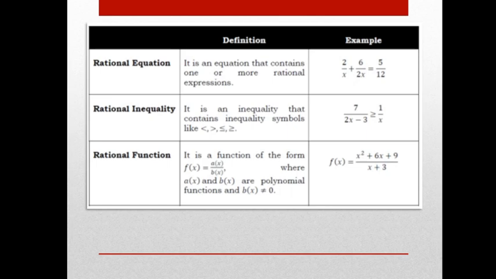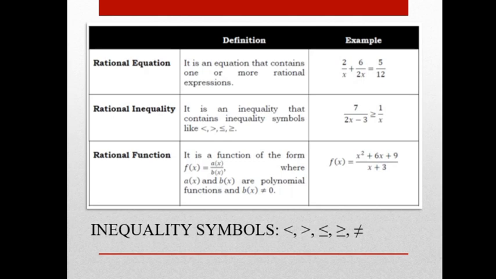So, paano natin madidistinguish ng madali kung ano-ano yung pagkakaiba nitong tatlo na ito? Pinakamadaling i-distinguish si rational inequality. Basta gumamit ng inequality symbols, automatic, that is rational inequality. So, kung ang ginamit ay equal, dalawa na lang ang choices natin. Rational equation and rational function.